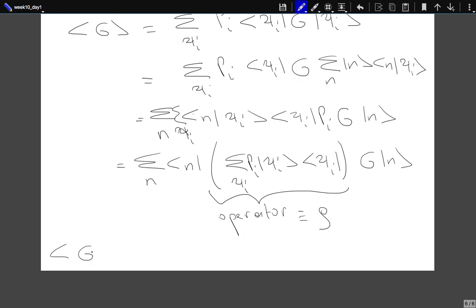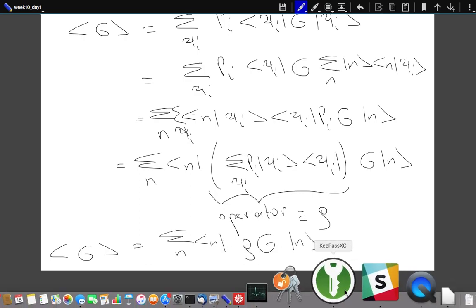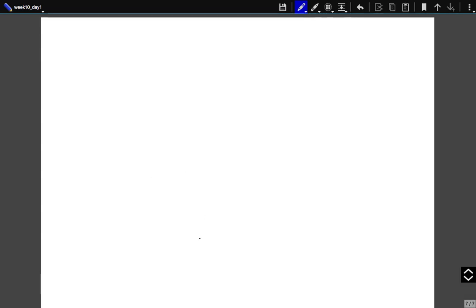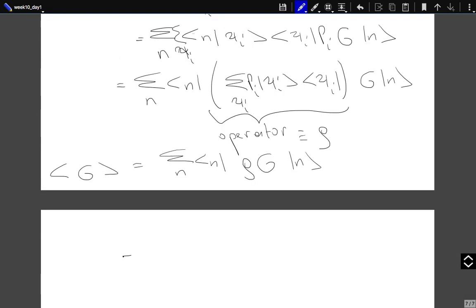So the average of G, but that is again nothing but, again, this product is itself an operator. So I'm summing over N of rho times G. I'm taking the N element. But this is nothing but the trace.